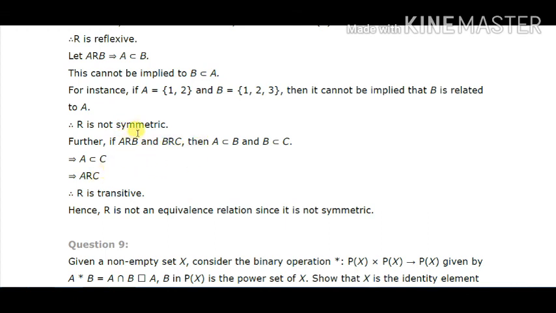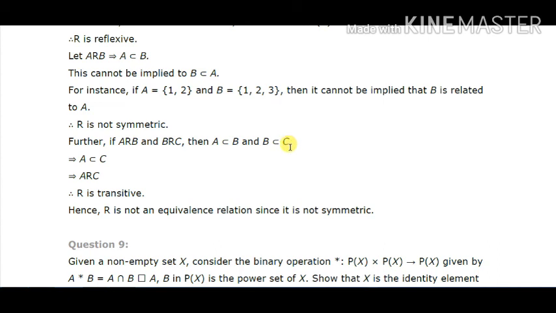So for transitivity, let us take that if A is related to B and B is related to C, whether A is related to C or not. Now A is related to B means A is a subset of B, and B is related to C means B is a subset of C. Now from these two conditions you can write A is a subset of C.